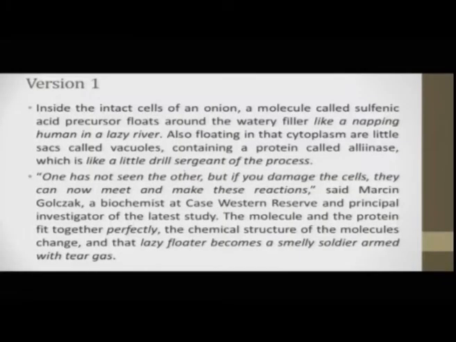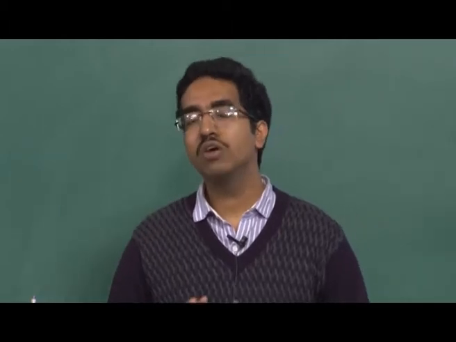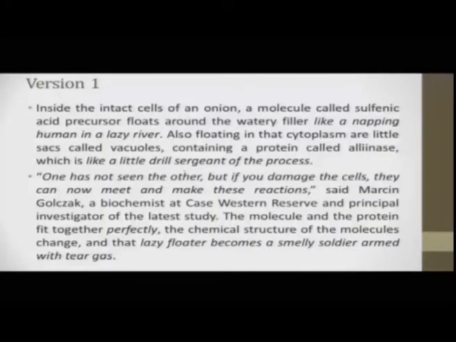Now, let us compare two texts to understand these differences in a much better way. Both the texts are on the same topic, that is, why onions make us cry. Let us look at these texts.